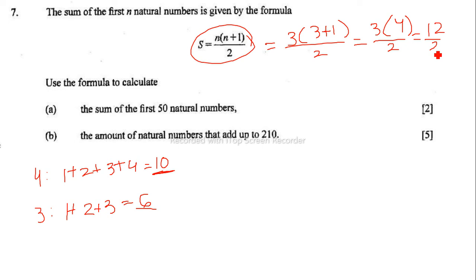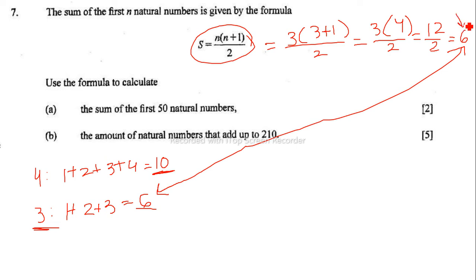What is 12 divided by 2? 6. Exactly what we got, right? So if you want the sum of the first 3 natural numbers, instead of adding 1, 2, and 3, you could use this formula, and it tells you the sum is 6.